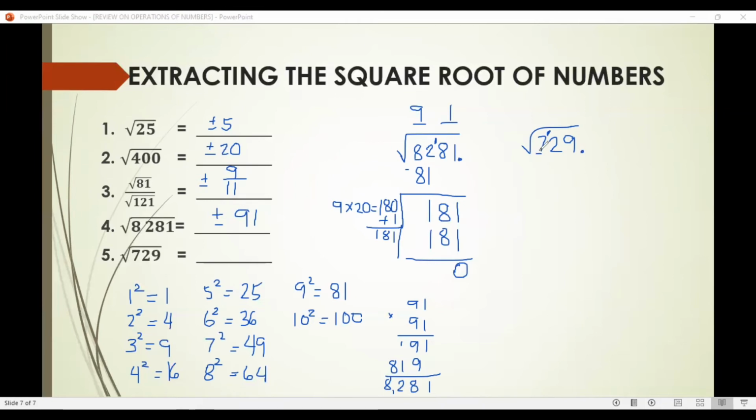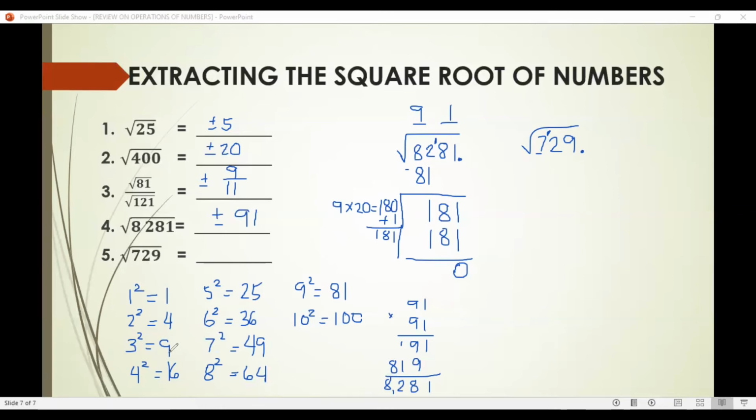Okay, so like in the first example here, we are going to look for a perfect square which is nearest 7, but it should be smaller than your 7. So it's advisable that you memorize the squares of these numbers. In this case, we are getting 4.